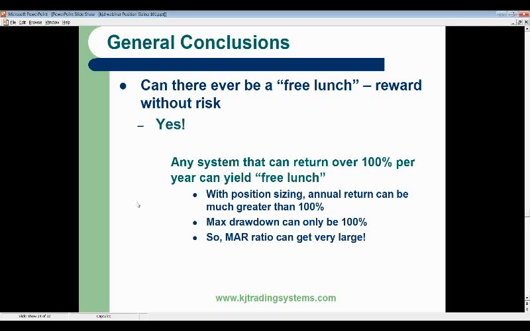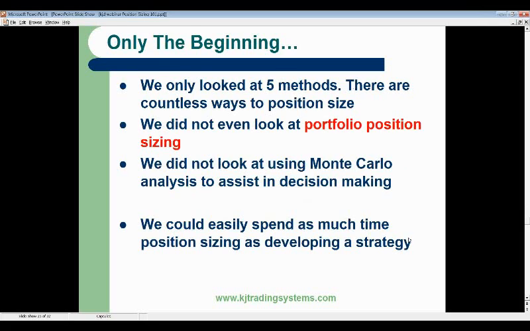So if you take reward divided by risk, that number is going to get bigger, and that MAR ratio can get very large. But the downside to that is, with the more aggressive position sizing, yes, you can do a lot better, but your chances of getting a drawdown that will just knock you out are a lot greater. So that's something to watch out for.